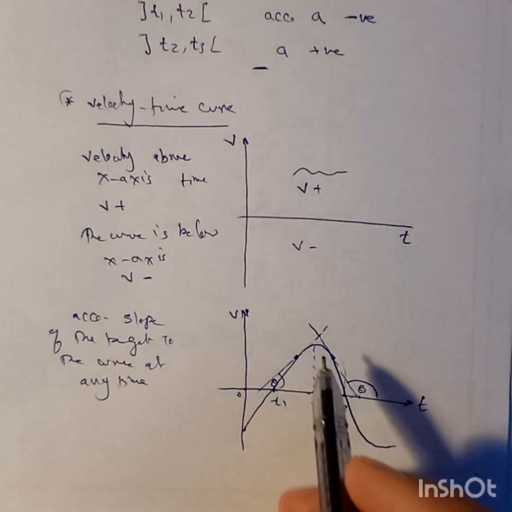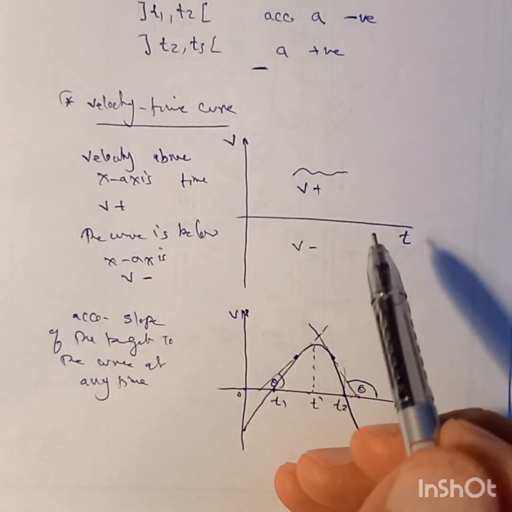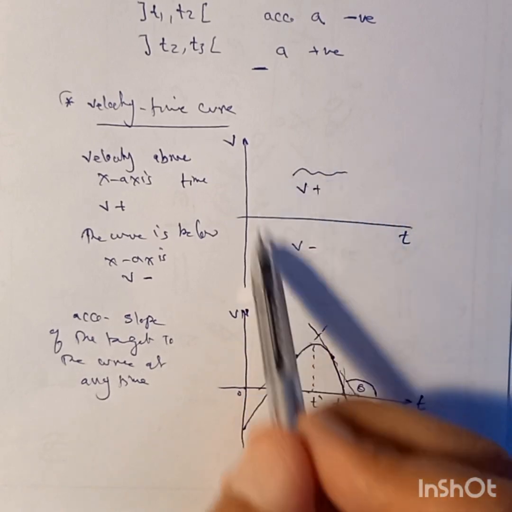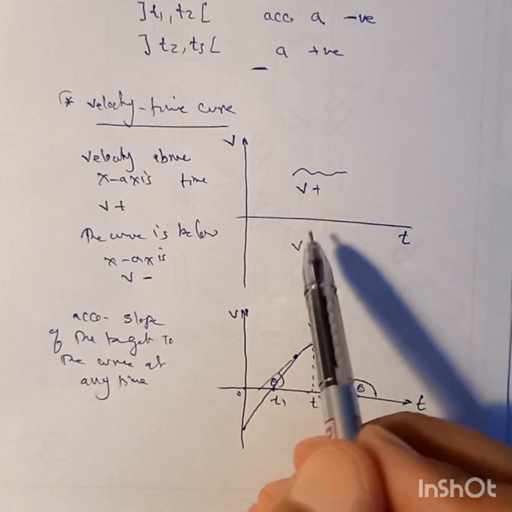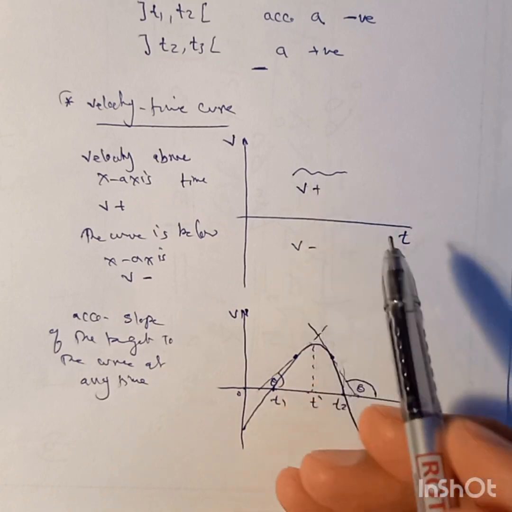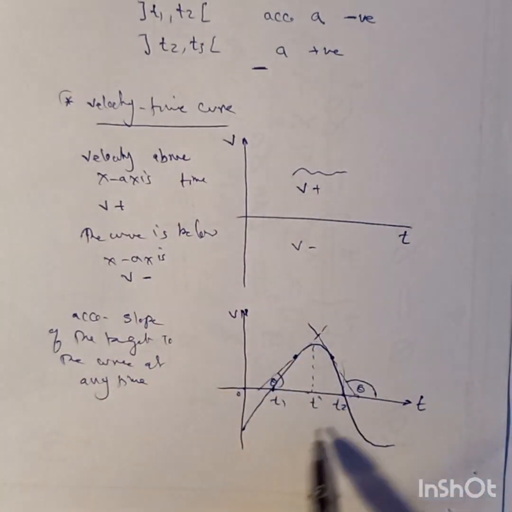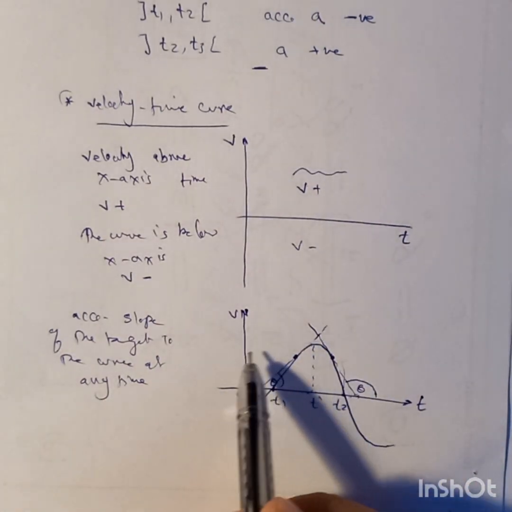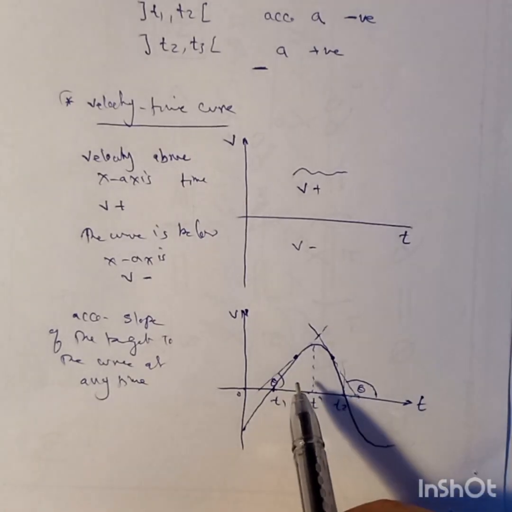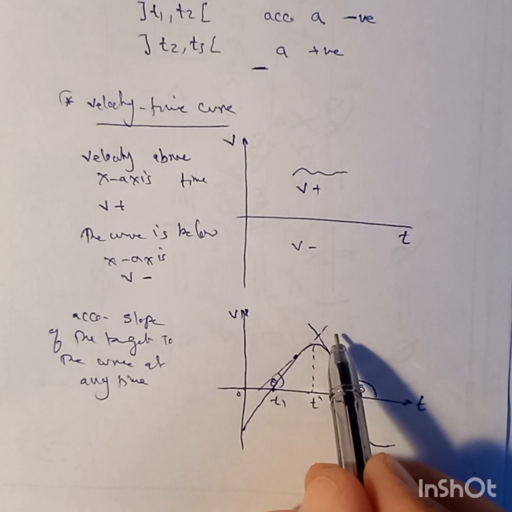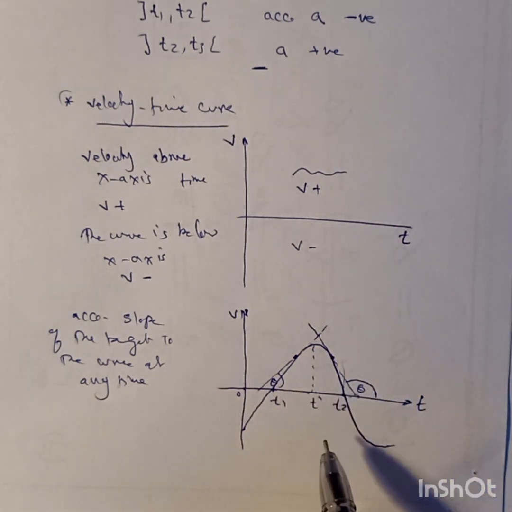So again, from the Vt curve, we can find out the sign of the velocity, positive or negative, according to the position of the curve representing the relation between velocity and time. And also we can find out the acceleration of the motion depending on the slope of the tangent to the curve at any time.